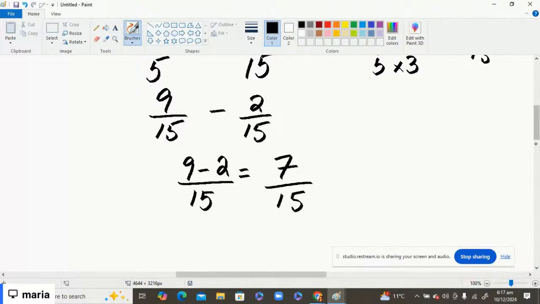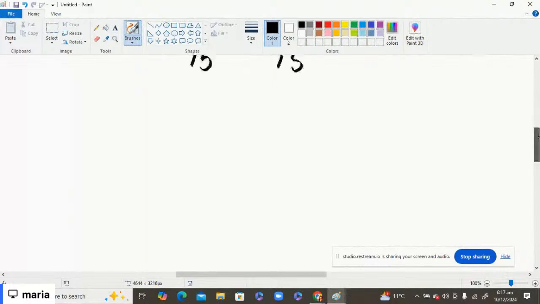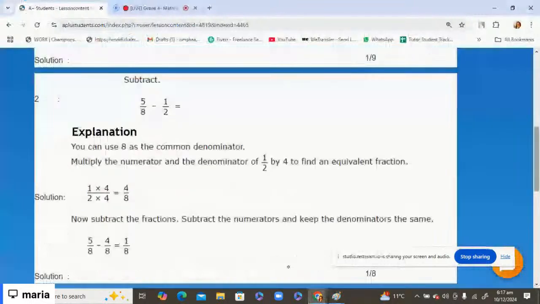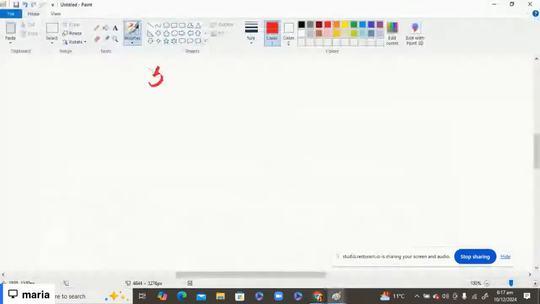Okay, let's do the next. So the next question, let's take it from here. 5 by 8 minus 1 by 2. So here is 5 by 8 minus 1 by 2. So how can we solve this one?